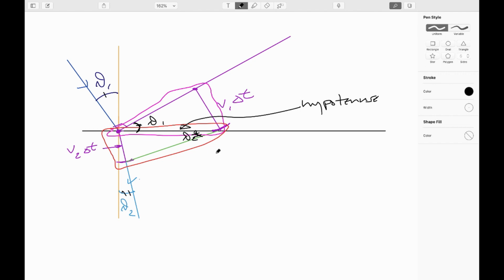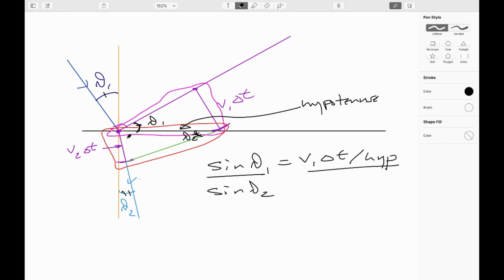So we can write that the sine of theta 1, well, that would be the opposite over the hypotenuse, so that'll be v1 delta t over the hypotenuse. Divide that by sine theta 2, as long as we divide that by whatever that is, but that would be the opposite here, which is v2 delta t, also over the hypotenuse.